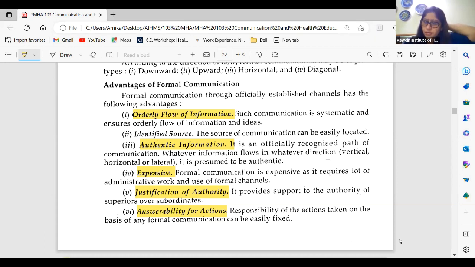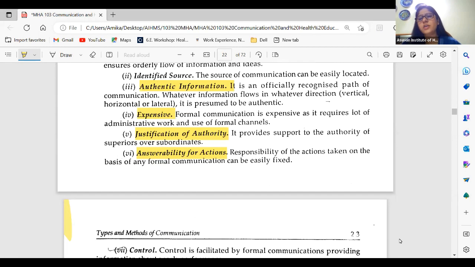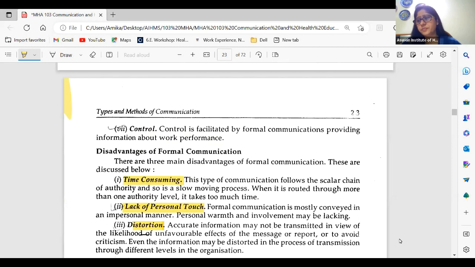Then there is justification and answerability for actions: if any communication is made, there is some base behind it. It's not opinionated. And control is there, because in the office mechanism all communications can be controlled and monitored.